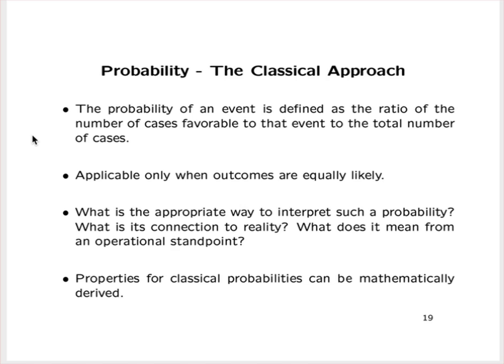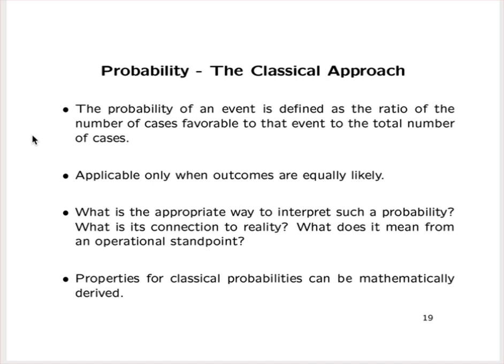Now, let's first think about the classical approach. This is the approach that you're probably most familiar with in terms of a classroom type setting. If we think about probabilities involving tossing dice or flipping coins or pulling chips out of a bag or something like that, then you're typically thinking about the classical approach to probability.